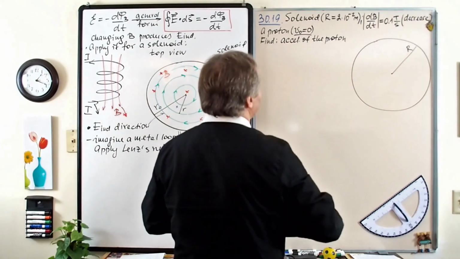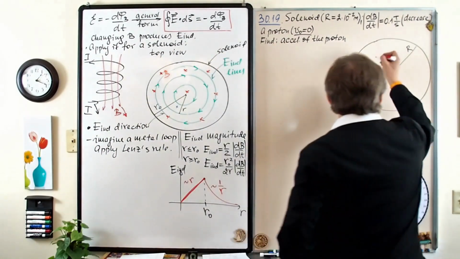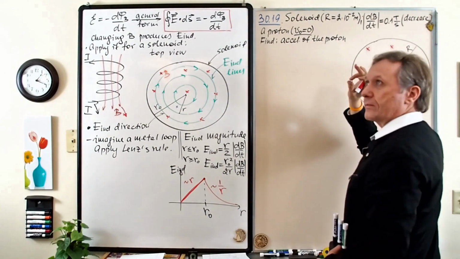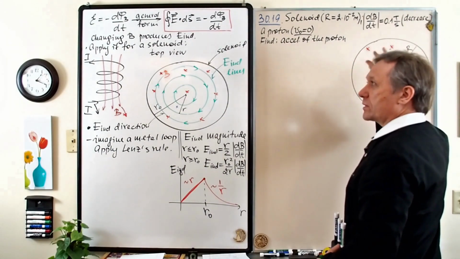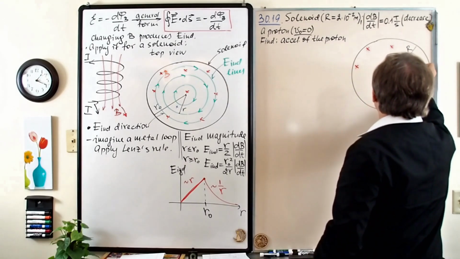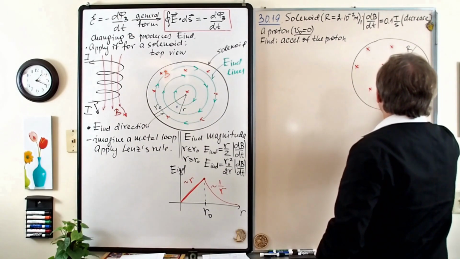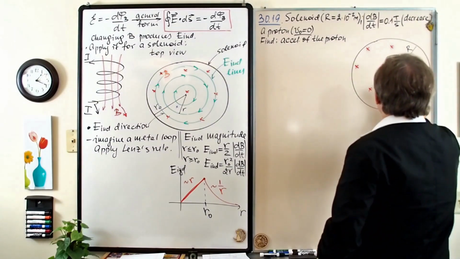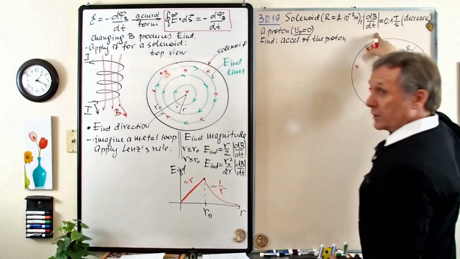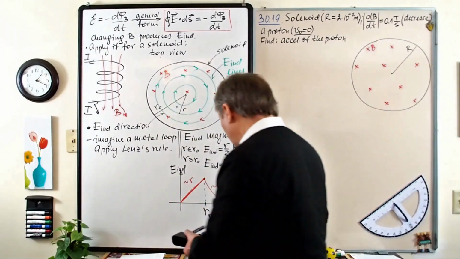The magnetic field, according to the statement of the problem, is crosses, it means into the board. So that's the magnetic field, which is decreasing. Okay, so now physics.